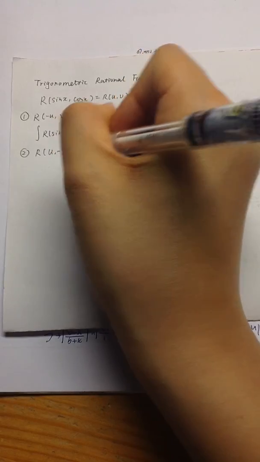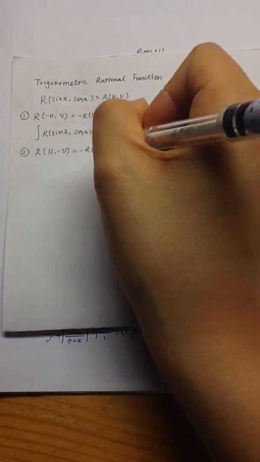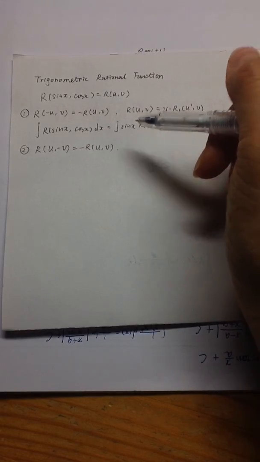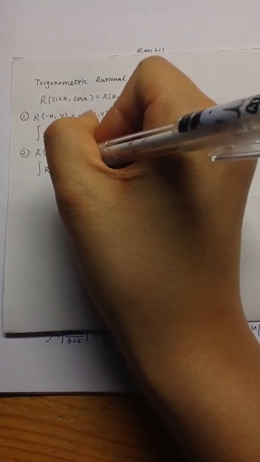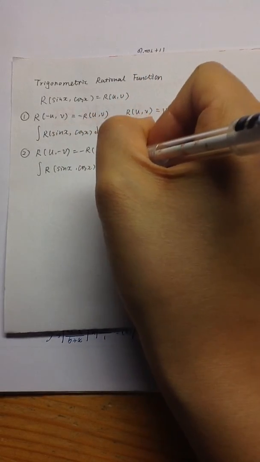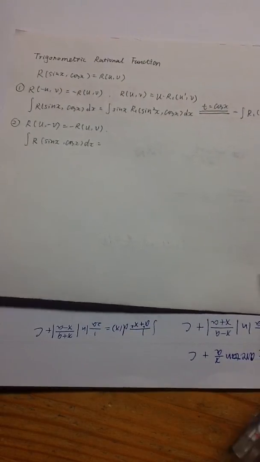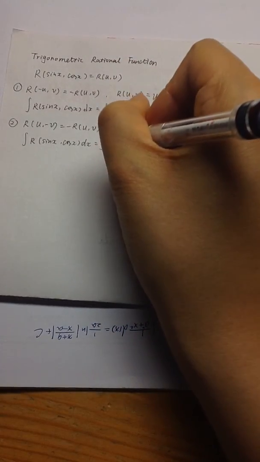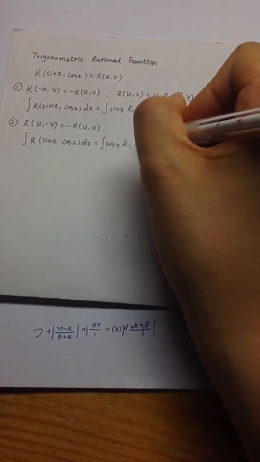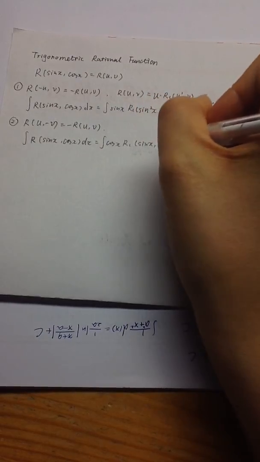The second case is very similar to the first one. Now our function is an odd function of cosine x. By the same token, when we do the integral calculation, we can take cosine x out of the R function, so we get it like this.